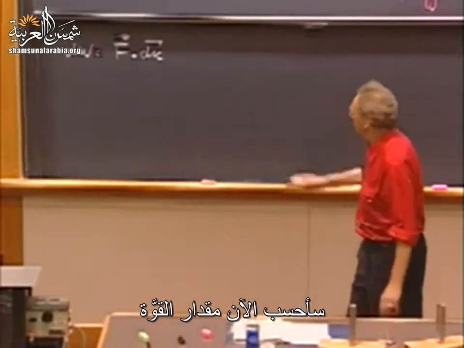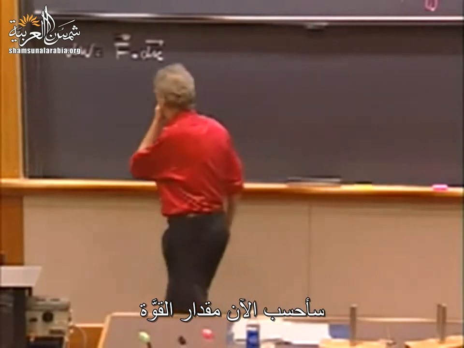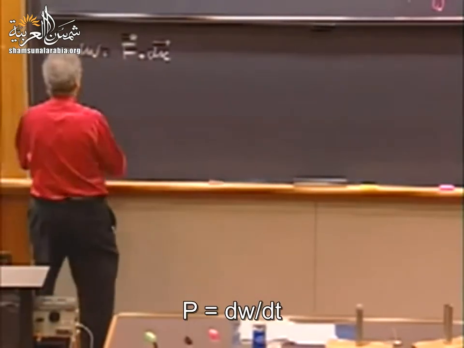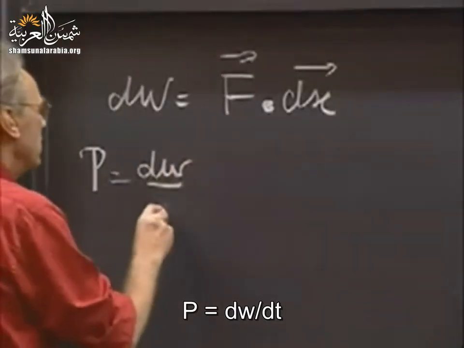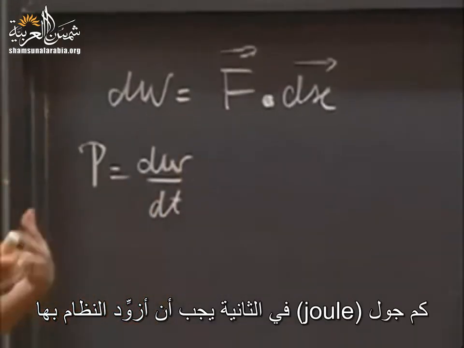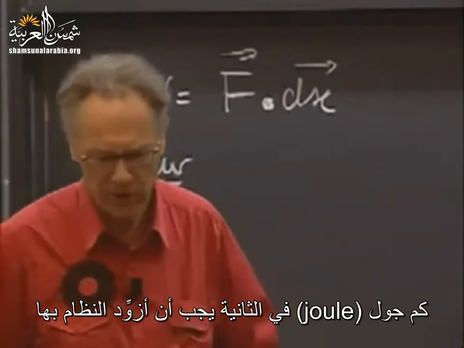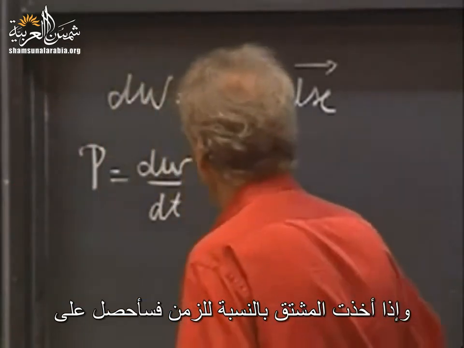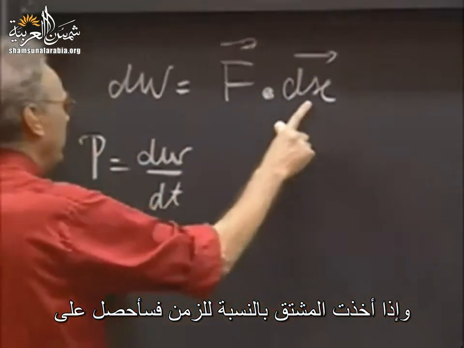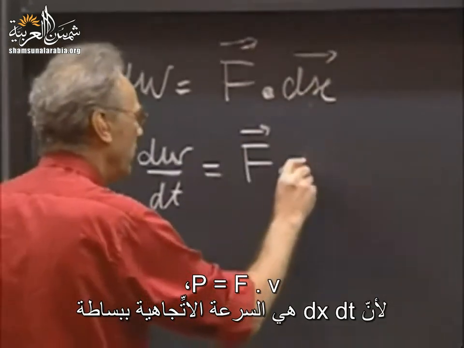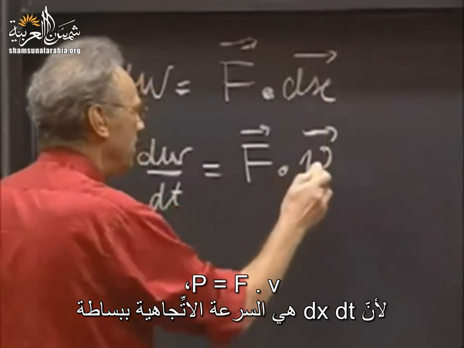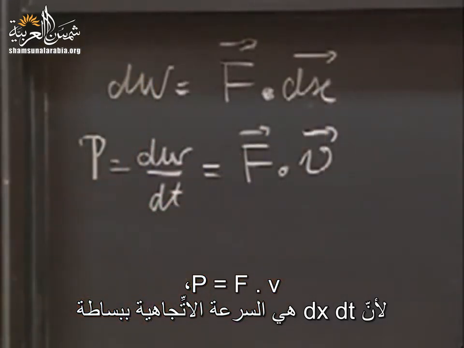And so now I can calculate what the power is, because the power is dW/dt, how many joules per second I have to put into the system. And so if I take the time derivative, then I get F dotted with v, because dx/dt is simply the velocity.